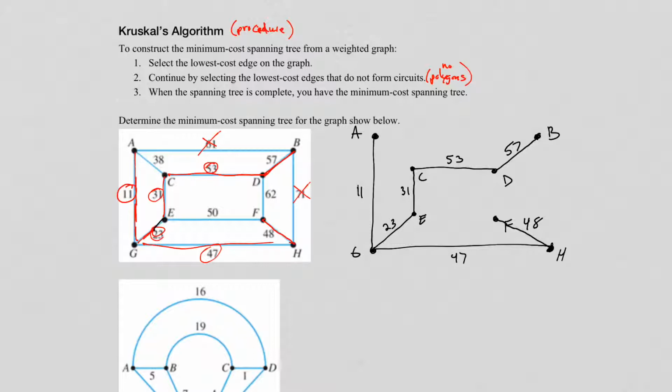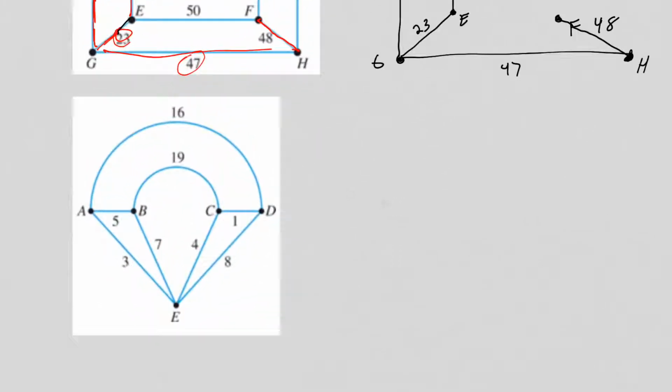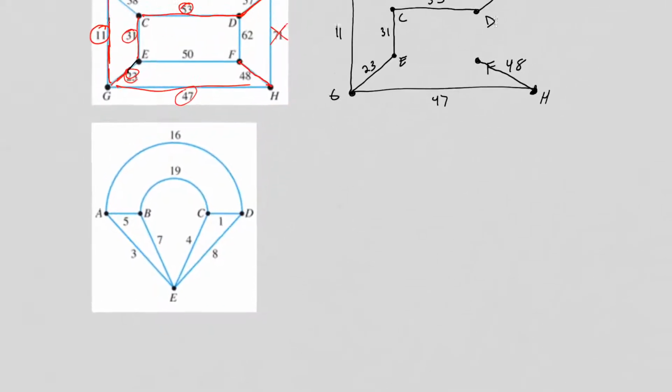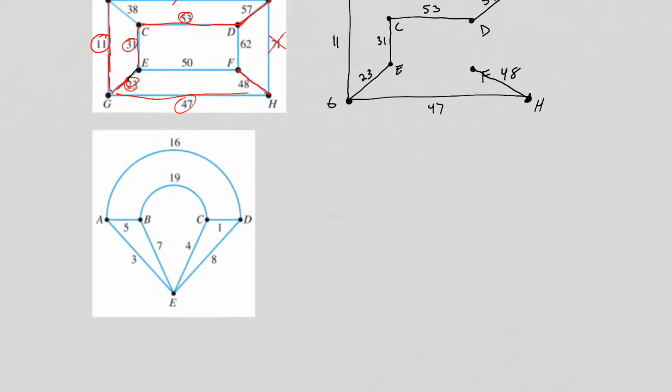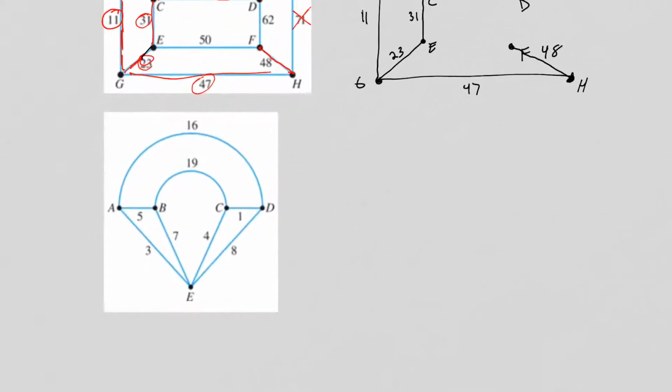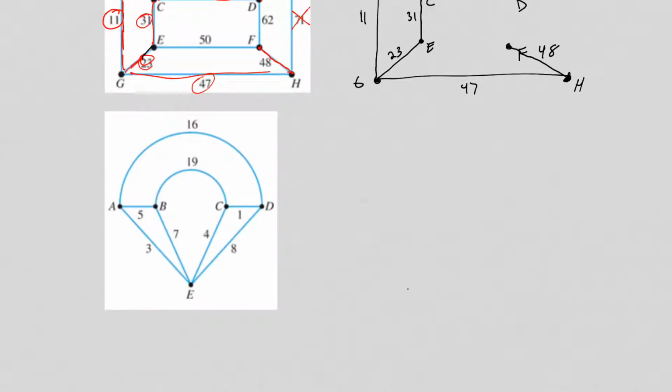Let's take a look at the next graph here at the bottom. Remember, our goal was to get to every vertex, but getting there in the cheapest or smallest number way possible.